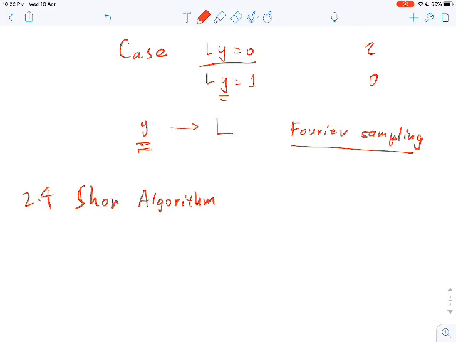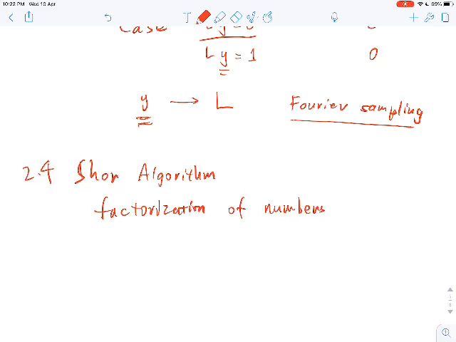And what the algorithm wants to solve is just the factorization of numbers. It's very useful in cryptography. And we want to introduce some traditional ways to figure out the factors of a number.